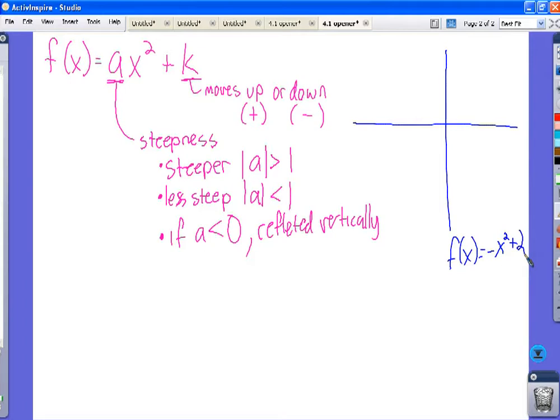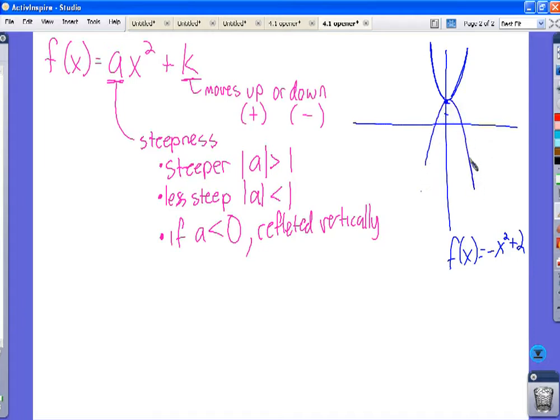If I take that negative to mean it's always flipped over the x-axis, then what does this plus 2 do? Up 2. Then this graph would look something like this, right? So it's not flipped over the x-axis at this point.